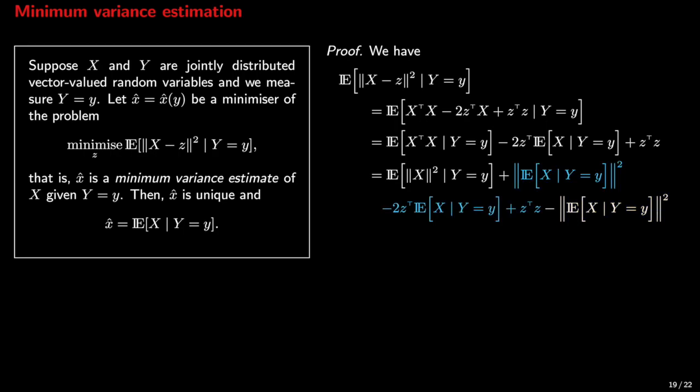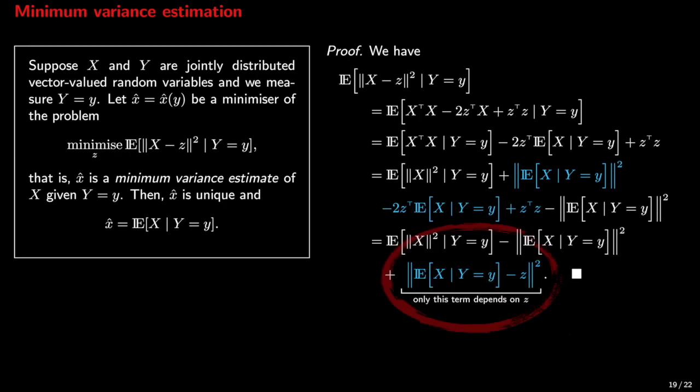Let us focus on this part of the equation, which is the only part that depends on z. I will give you a minute for you to pause the video and think what this is. So this is the squared norm of this difference.